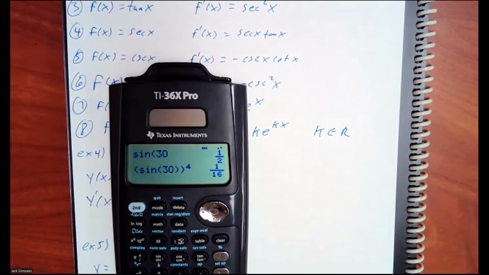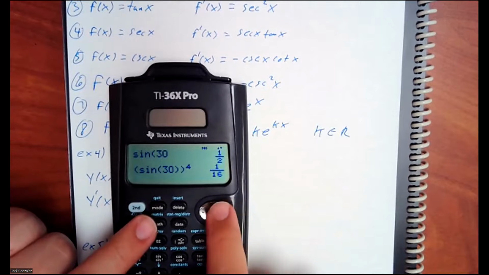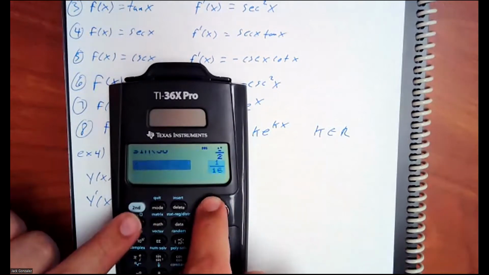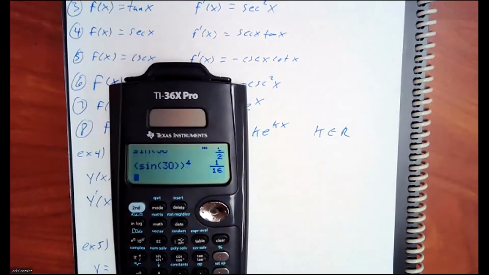So the 4th power of 1/2 gives us 1/16. So I'm reading this sine to the 4th as the 4th power on the entire thing, not on the argument. That's different, because they would have said sine of 30 to the 4th, and it wouldn't be 30 anymore, right?